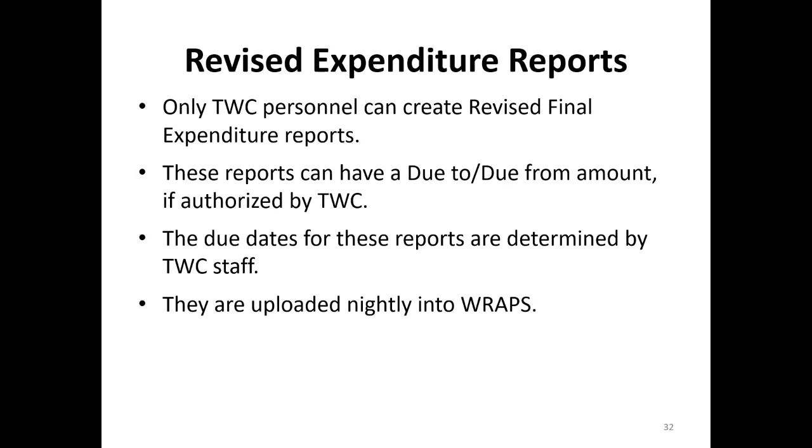So that's the only case in which their due to, due from could possibly not be 0. And the due dates on revised finals, we try to work with you to give you ample time to do the processing that you need. So we'll initiate specific dates after we communicate with you. These also are loaded on a daily basis into our TDBC accounting system.